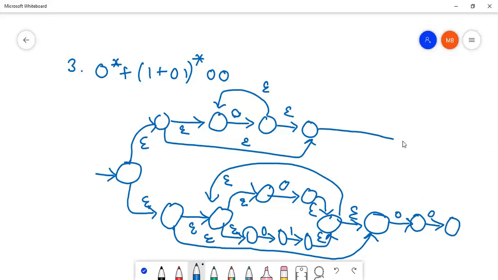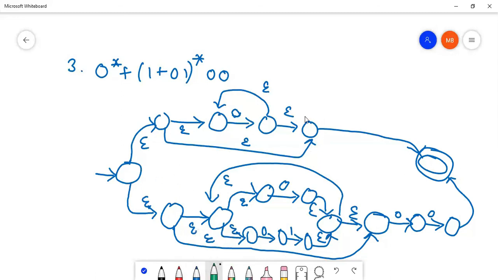Now this we will combine here. This is the final state. Because of less space, I just tried to make it. It seems to be clumsy. You can try to understand the same. Hope that's clear for you.